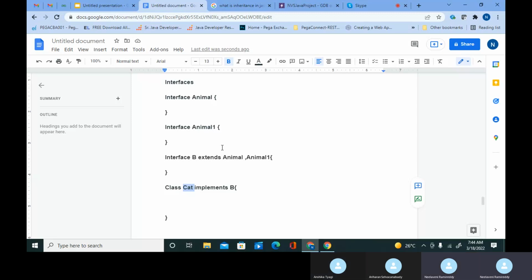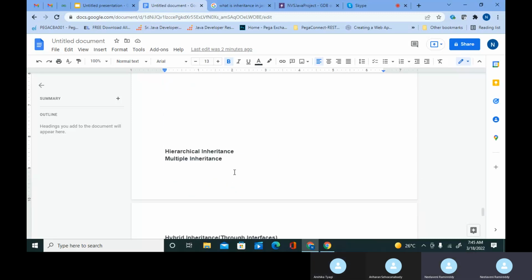Not only abstract, classes also. So we can extend classes also, right? But in a class we can't achieve multiple inheritance, you can achieve it only with interfaces. This is what happened here. So here multiple inheritance is also done.